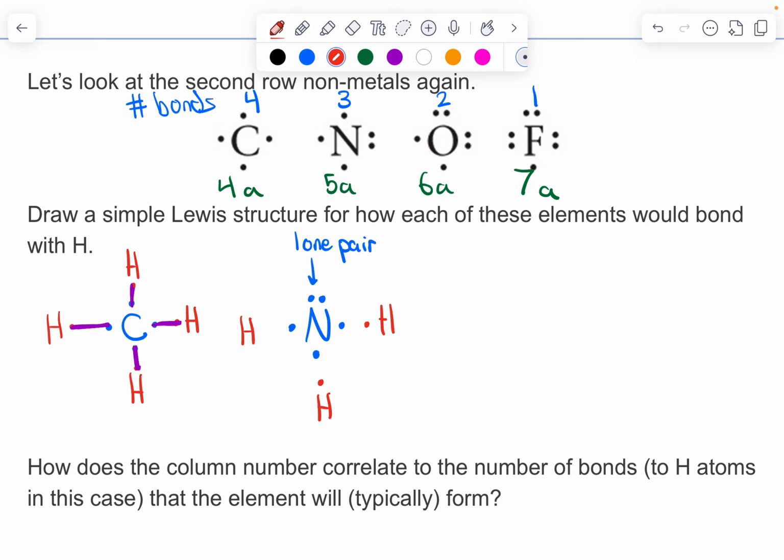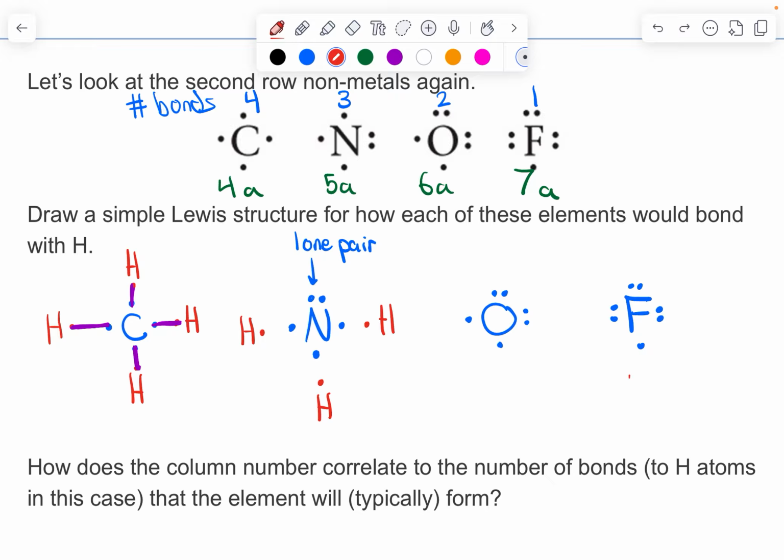So when we look at compounds of carbon, nitrogen, fluorine, oxygen, and we look at how many hydrogens they bond to in nature, it looks just like this. Fluorine ends up having just 1 bond to hydrogen because it's got this 1 unpaired electron that needs a pair.